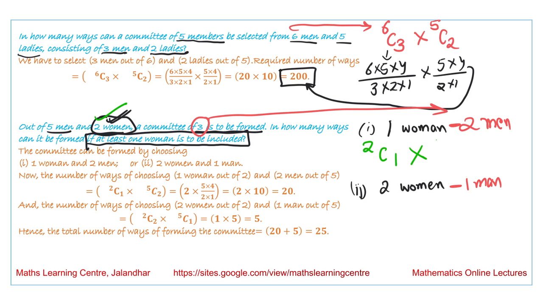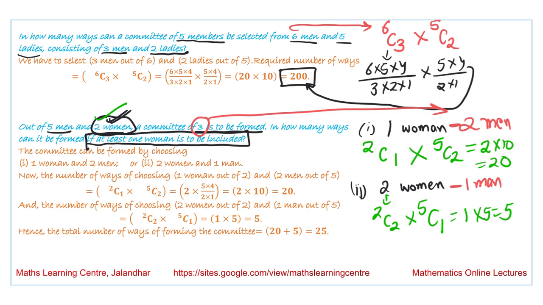Number of ways of choosing 2 men out of 5 is 5C2, and the answer in this case is 2C1 into 5C2, which is equal to 2 into 10, that is equal to 20. In the other case the answer is 2C2 into 5C1, which is 1 into 5, equal to 5.